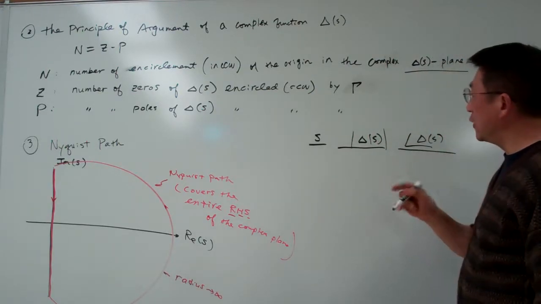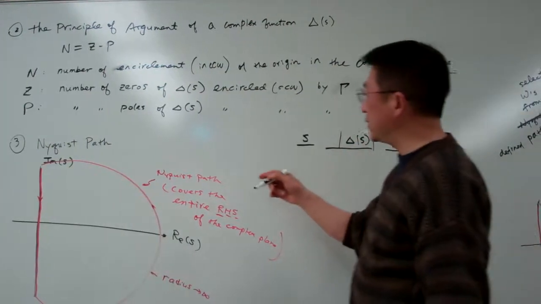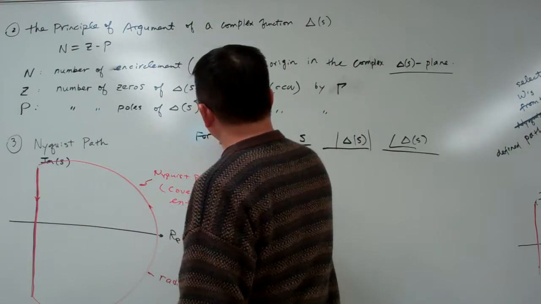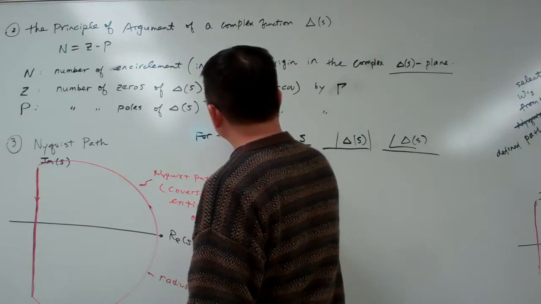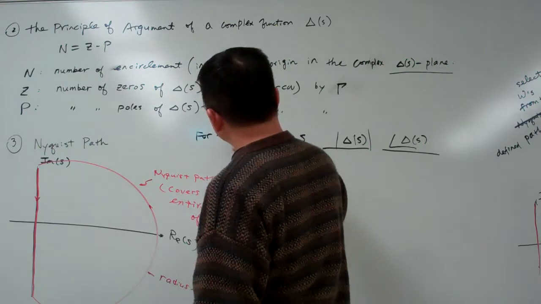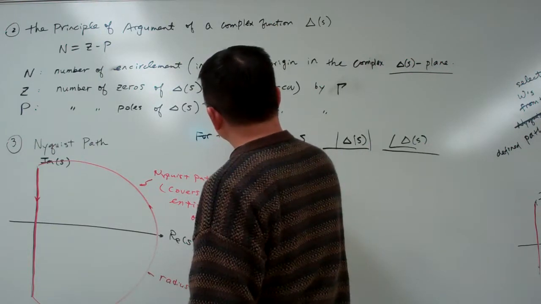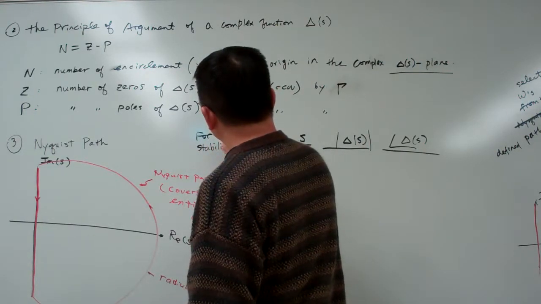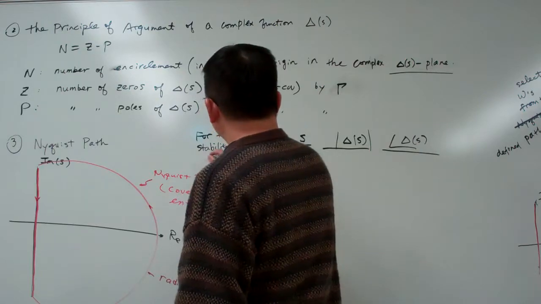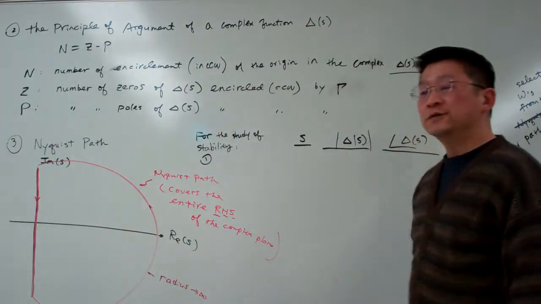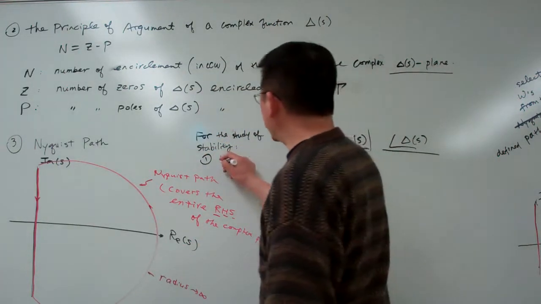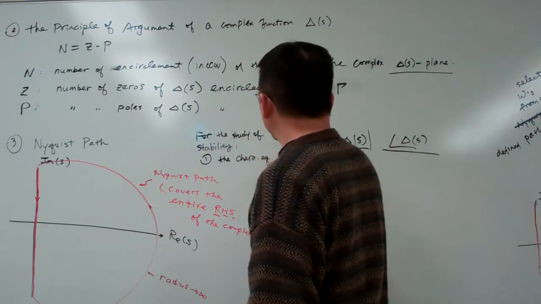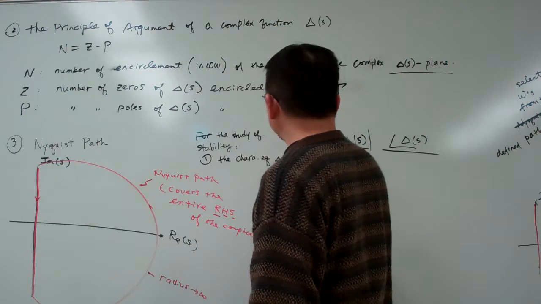So basically, for our case right now, for the study of stability, again, our concern is starting from the characteristic equation, say delta S, okay?